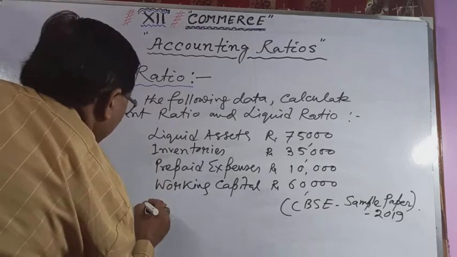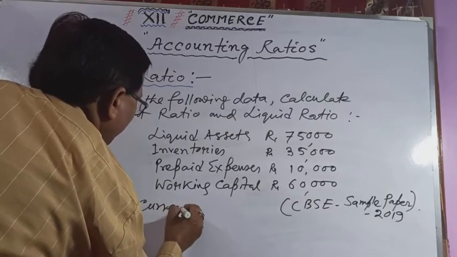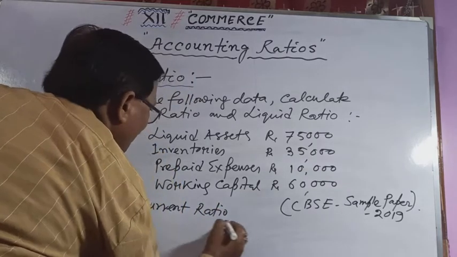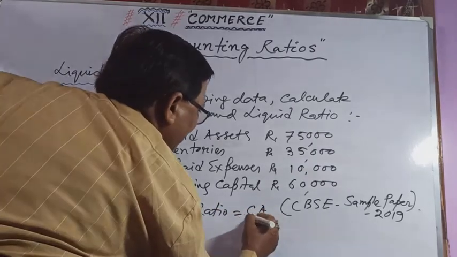A current ratio, you apply the formula: current ratio equal to CA by CL.